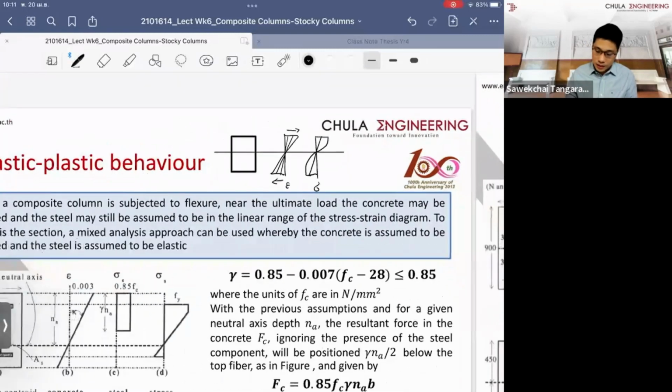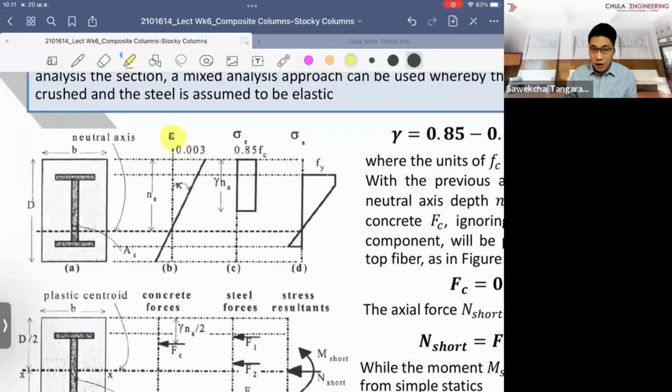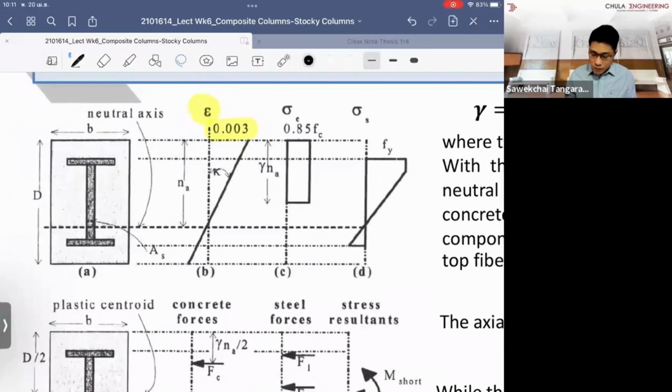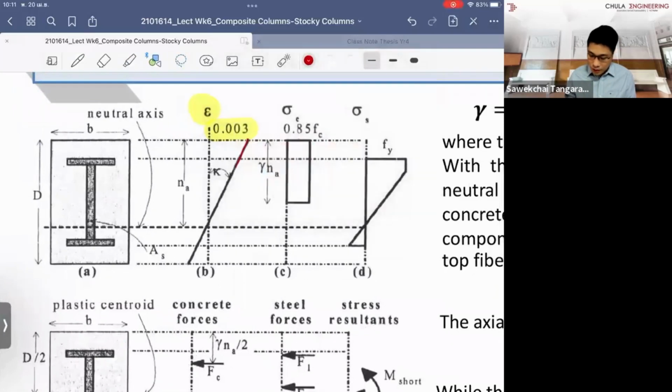Similarly, for the elastic plastic, what we need to do is vary the strain, right? And for the strain that we're looking at, we limit the strain in the concrete to the ultimate strain that we allow in the concrete, which is 0.003, similar to what you did for the concrete designs, right? And what happens when you have the strain curve? This will tell you what the curve looks like.